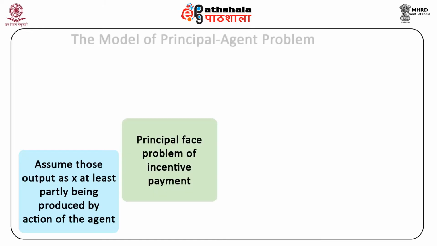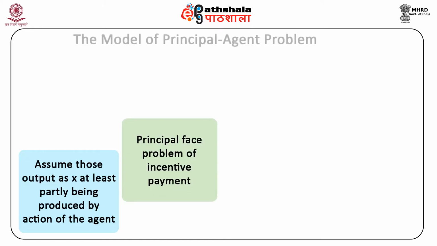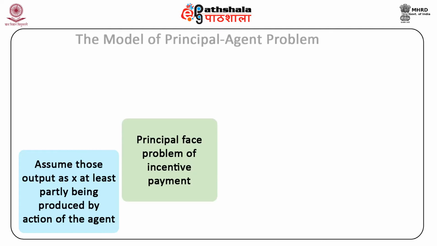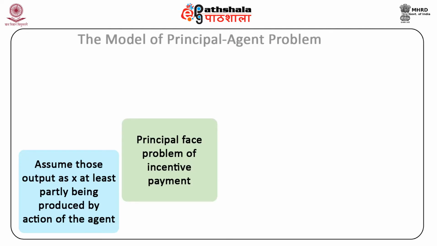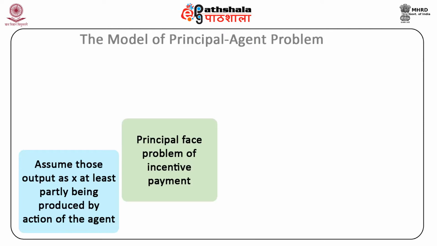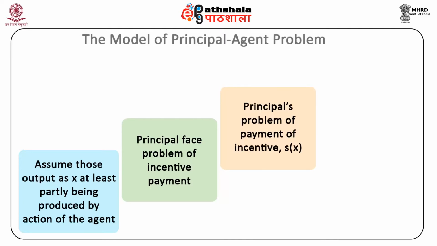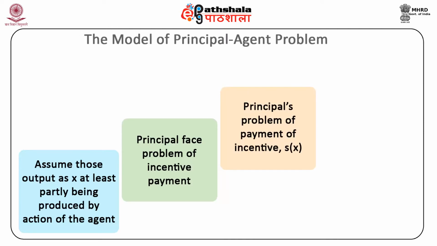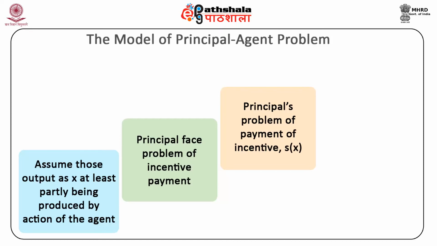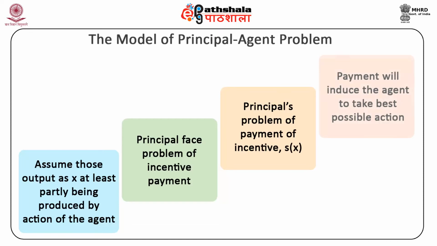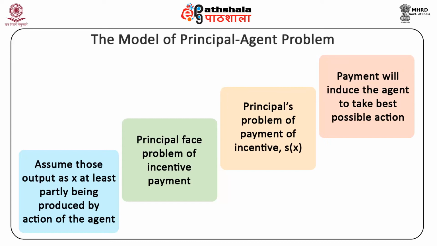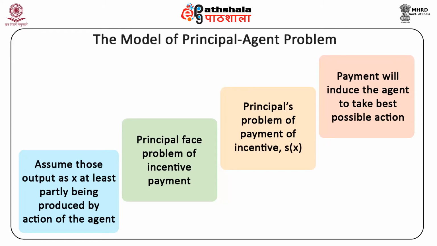The principal faces the problem of incentive payment, that is, the payment paid to the agent from the principal. Let us consider this as the principal's problem of payment of incentive, S(x), to the agent, and the principal assumes that this payment will induce the agent to take the best possible action.